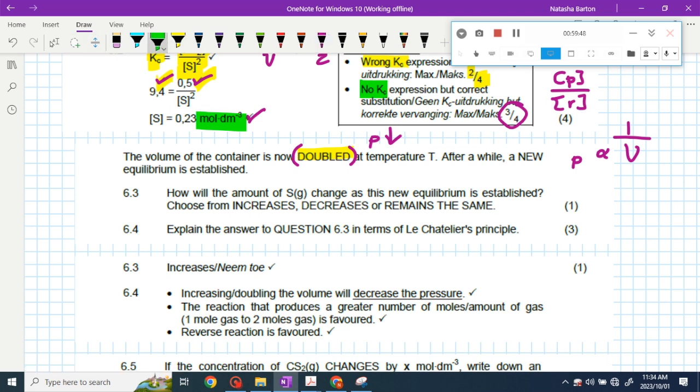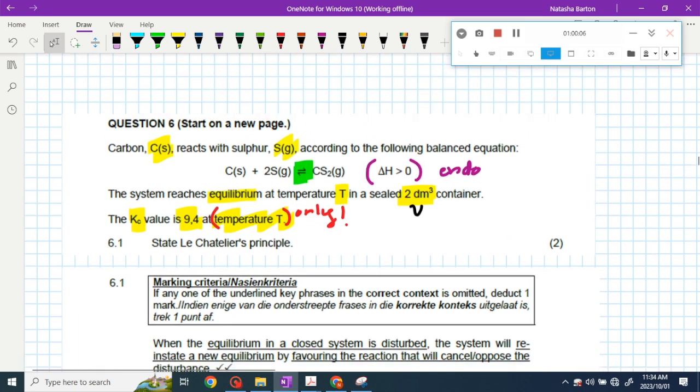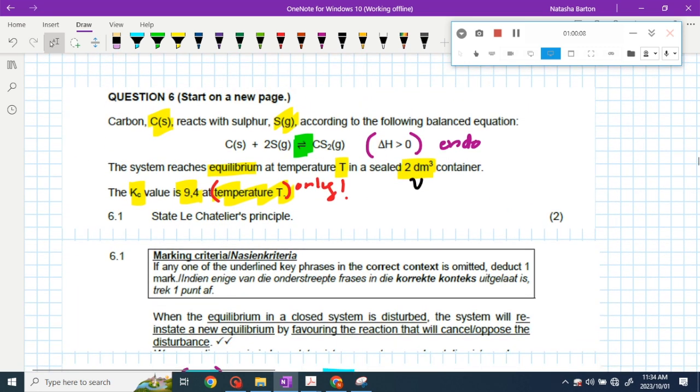They say after a while, a new equilibrium is established. How will the amount of sulfur gas change as the new equilibrium is established? Choose from increases, decreases, or remains the same. Now, a lot of us struggle a lot with this, and I say so because I was one of those learners.